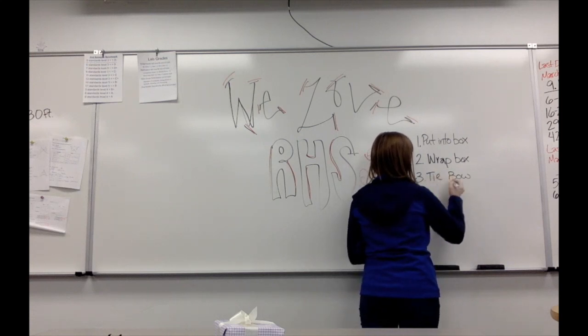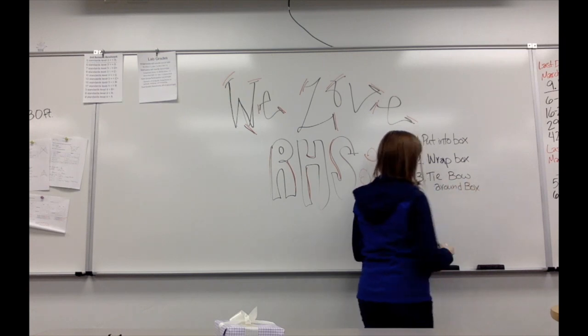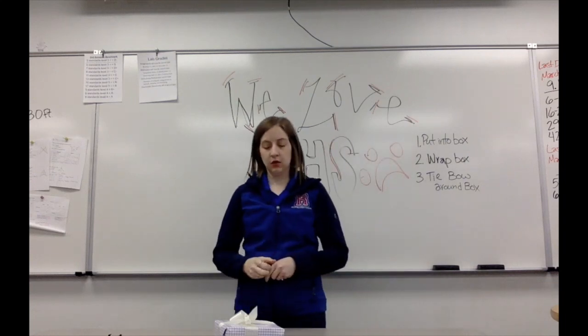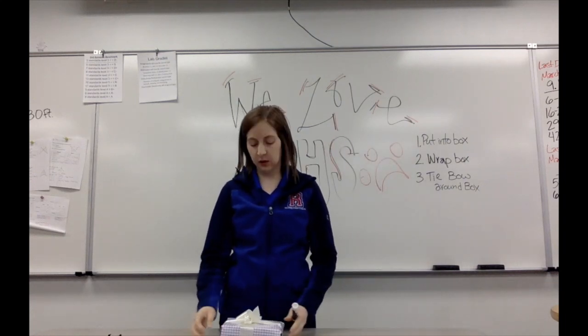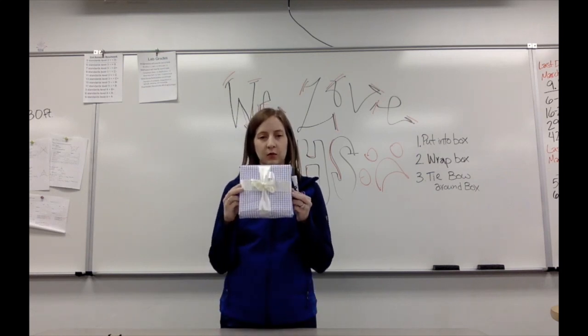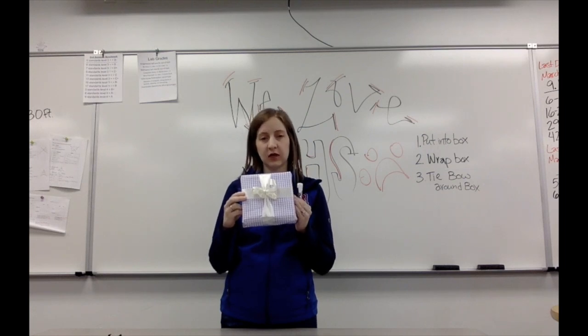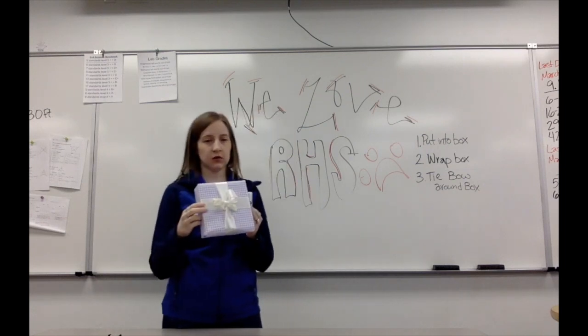Tie bow around box. So now we have our nice present that's wrapped, and we're going to figure out how to get the present out of the box. And that's what we're going to be learning next.